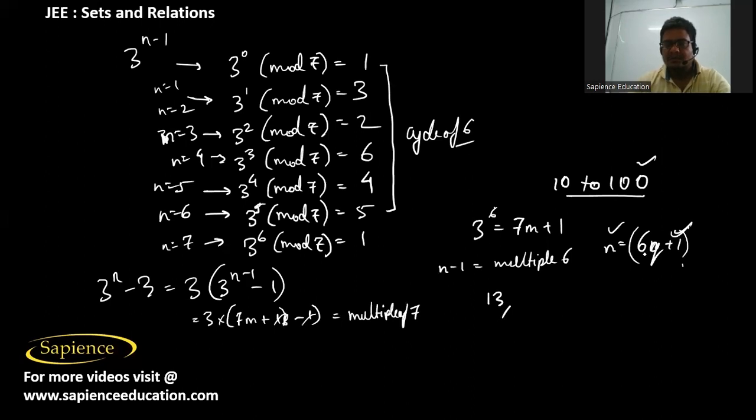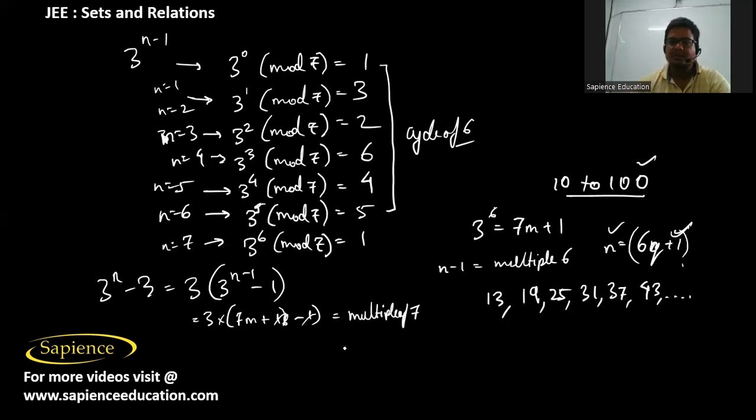So 13, then 6 threes are 18, plus 1 is 19, plus 6 is 25, plus 6 is 31, plus 6 is 37, plus 6 is 43, and so on, till 100 we have to go.